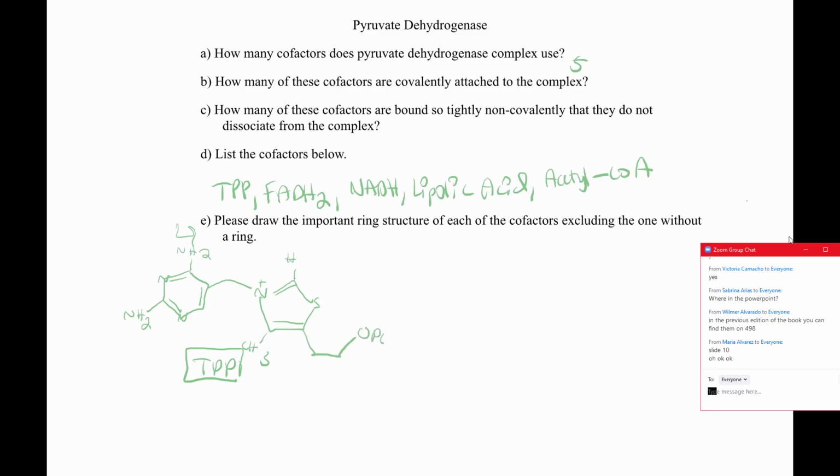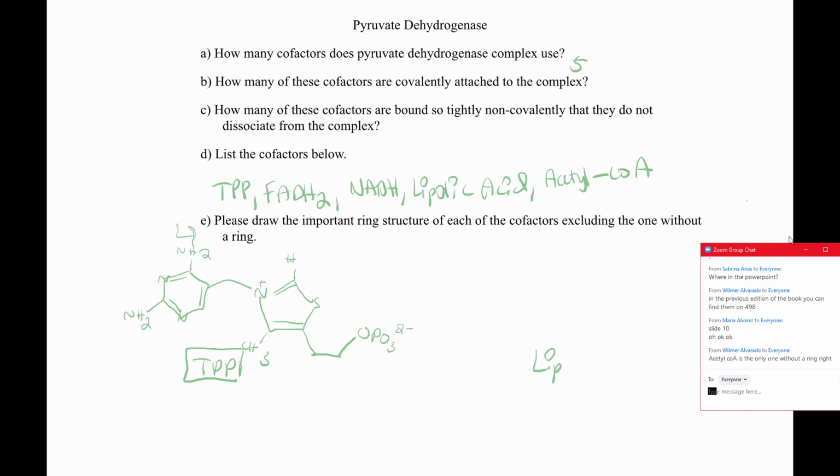Acetyl-CoA is the one without a ring. So that's TPP, basically.